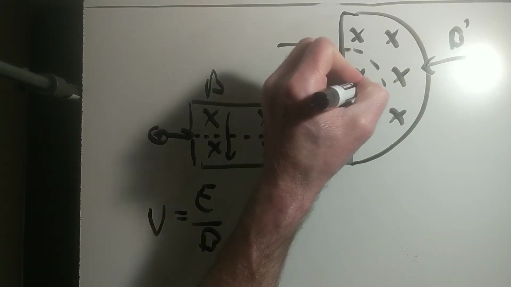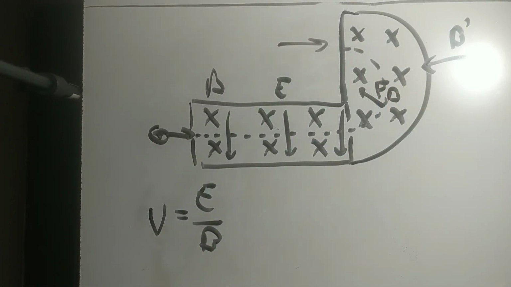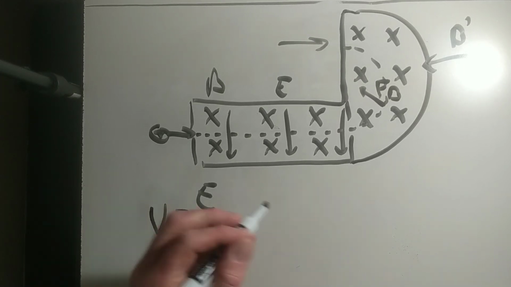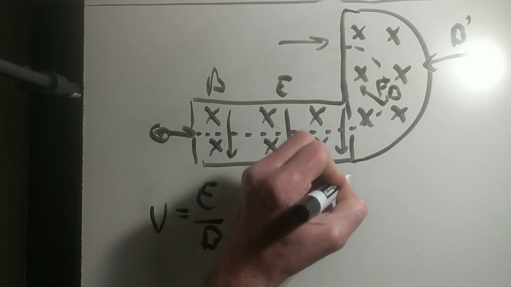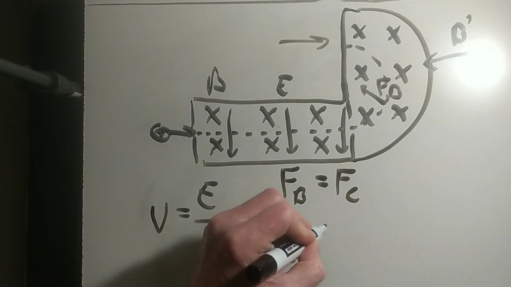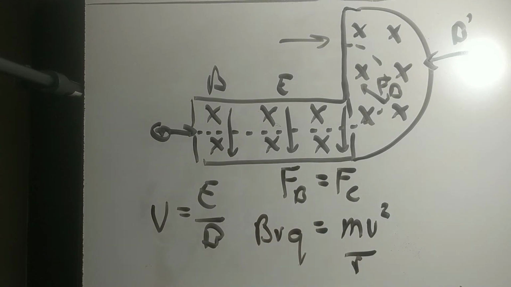Now, if we look at that, the only force that's acting on that during that time is the magnetic force. So the magnetic force must be the centripetal force, just like we saw when we did the normal particles in magnetic fields. So the magnetic force must equal the centripetal force. So BVQ equals mv squared over r.